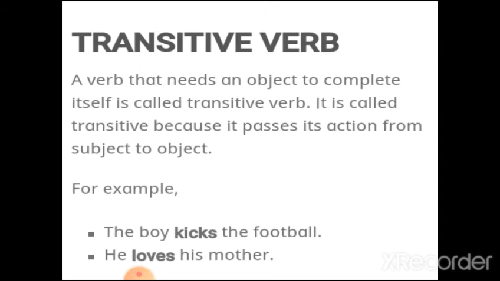It is called transitive verb because it passes its action from the subject to the object. Let us see one example. The example is: the boy kicks the football. So kicks, this is the verb, it is the action.